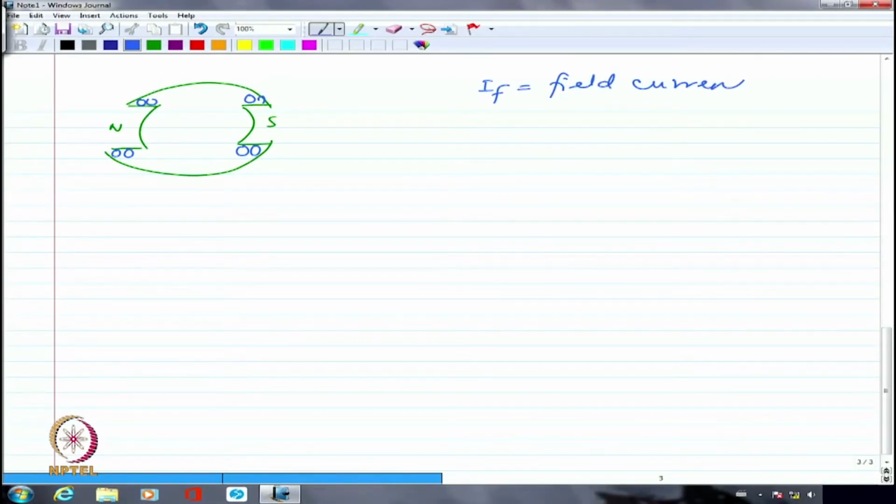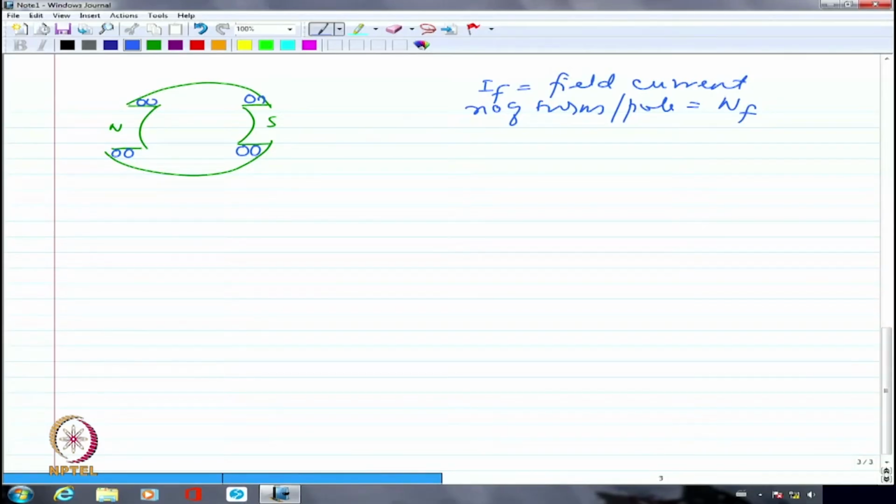And the number of turns per pole I am calling NF. I am talking about everything in the field winding. So NF times IF will be the MMF per pole.